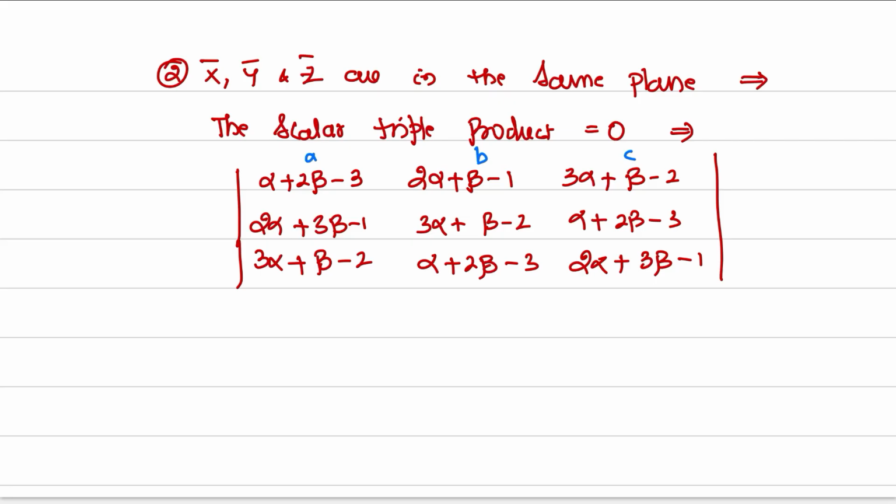There is no any other element, only 3 elements are there. This implies determinant of A, B, C, here it is 3 beta.